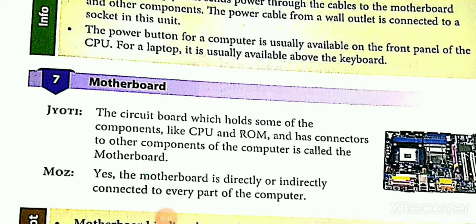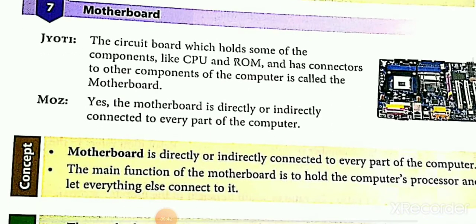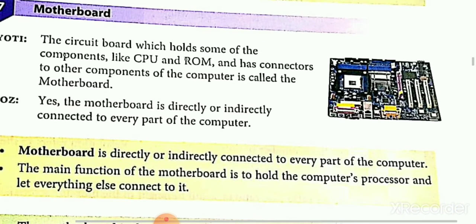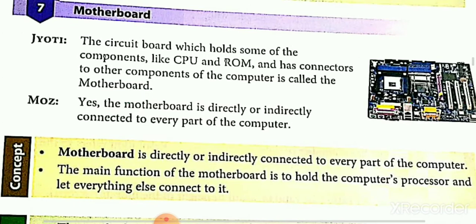Now, motherboard. In this figure, I show you the motherboard. The circuit board which holds some of the components like CPU and ROM and has connectors to the other components of the computer is called the motherboard.